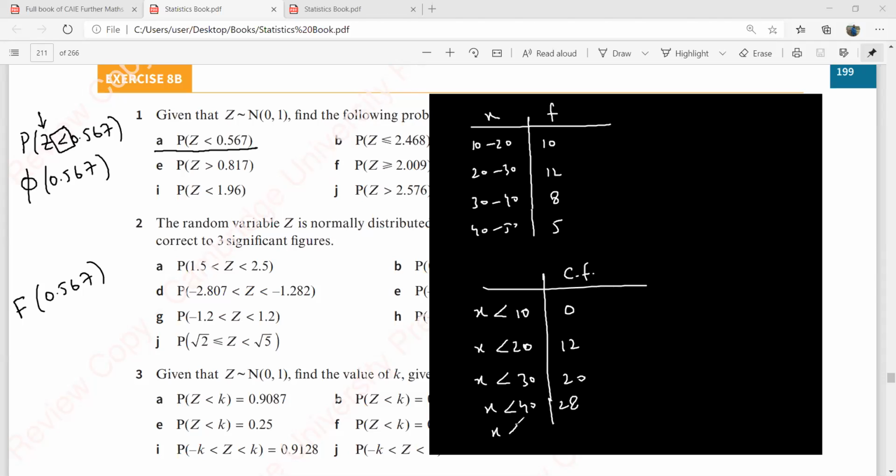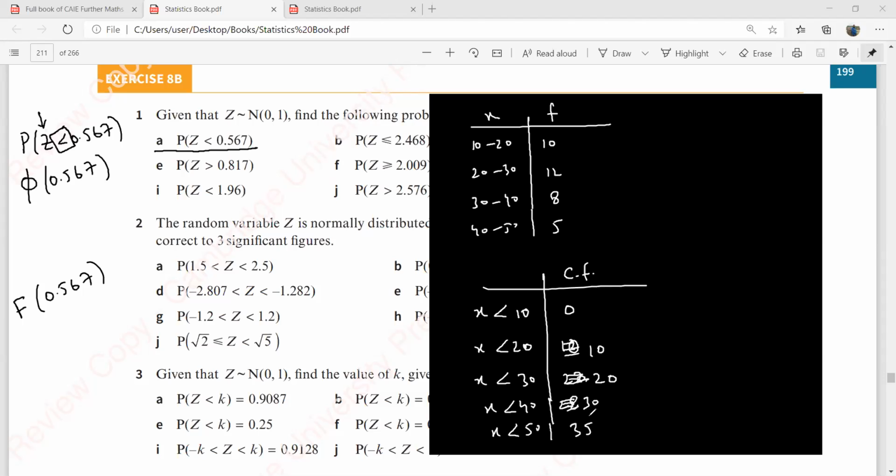And then X is less than 50, that is going to be 35. So guys, you know this now. That is how you write your cumulative frequency distribution.